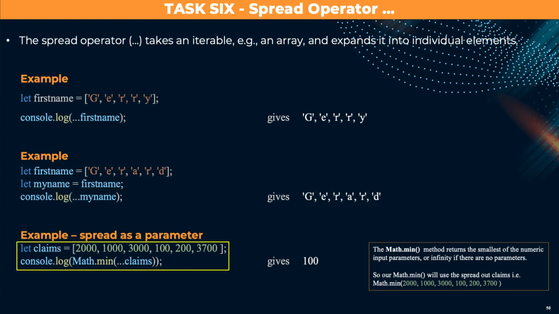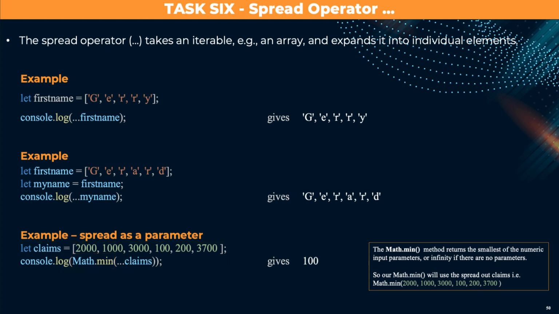And the third example is let claims equal to an array of numbers. Because they're numbers, we can use the math.min to find the minimum value. Math.min returns the smallest of numeric inputs.